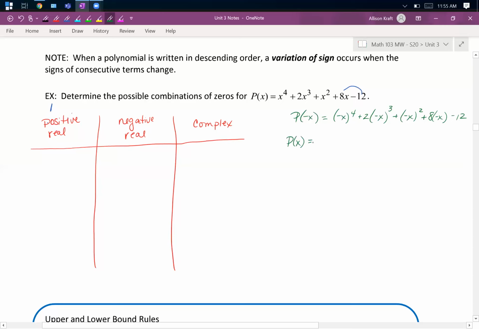Any negative raised to an even power turns positive. Any negative raised to an odd power turns negative. This is x to the fourth. Here we're going to have negative x to the third is negative times this positive 2. This is going to be minus 2x to the third. Squaring a negative makes it positive, plus a positive. Minus 8x minus 12.